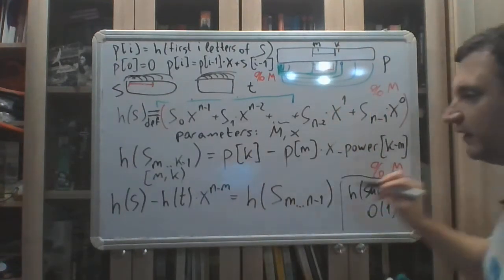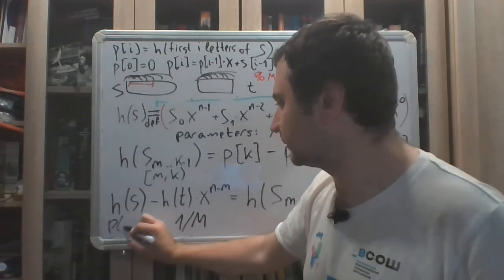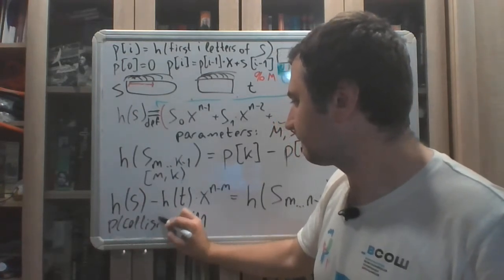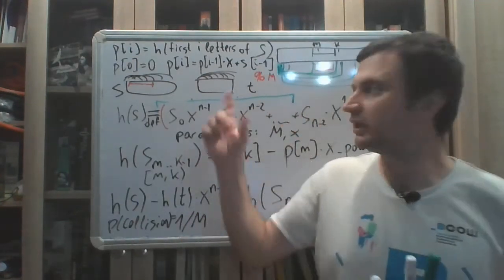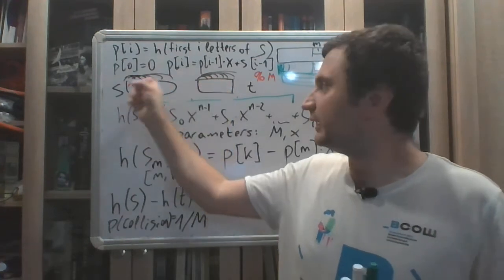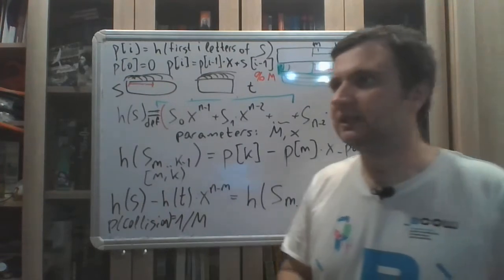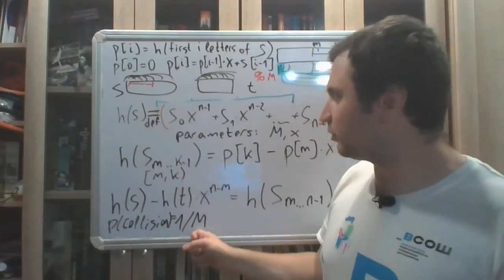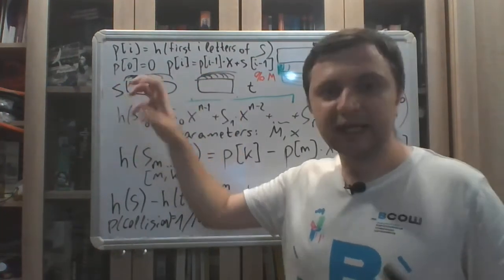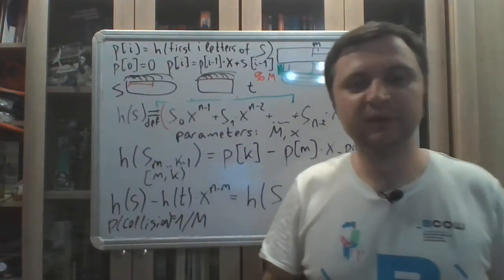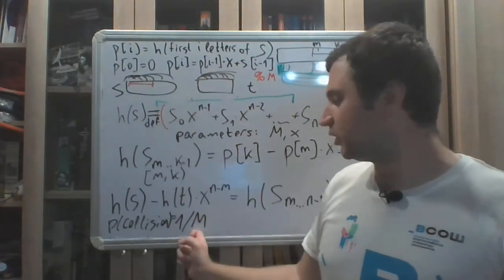So very roughly, the probability of collision is 1 over m, because once you have fixed this number, the other is kind of a random number of m possibilities, so the probability to match this fixed value is 1 over m.